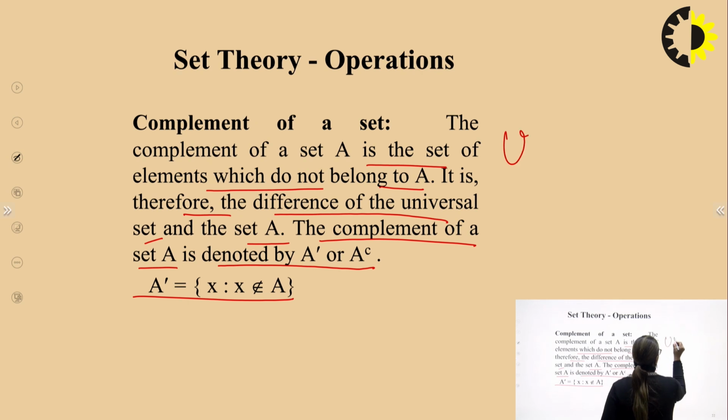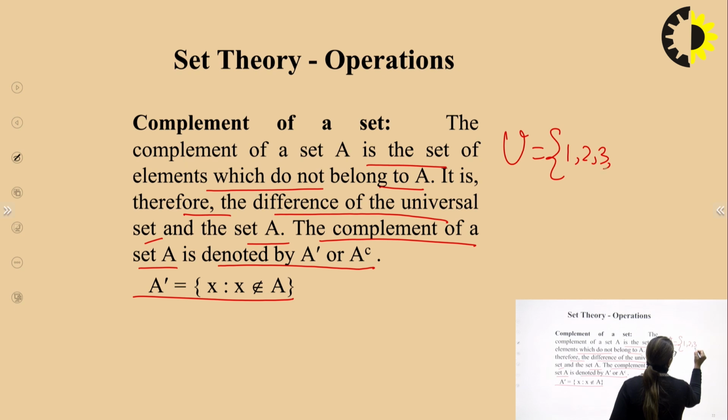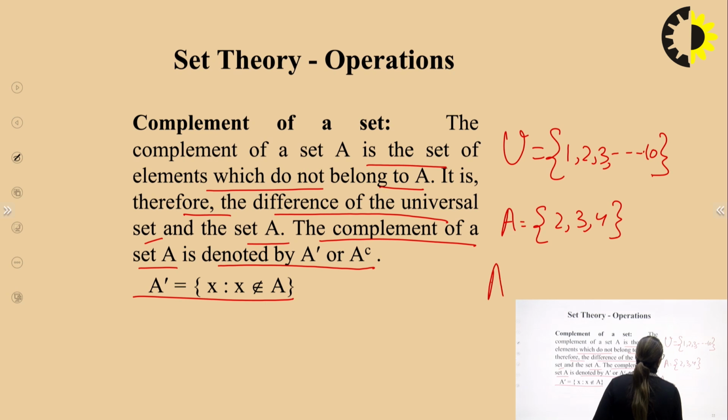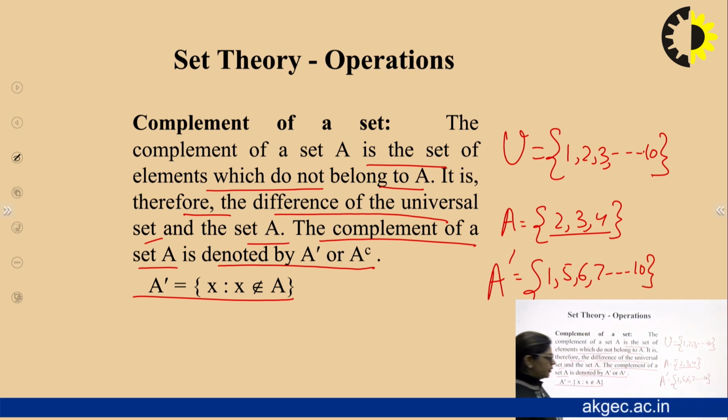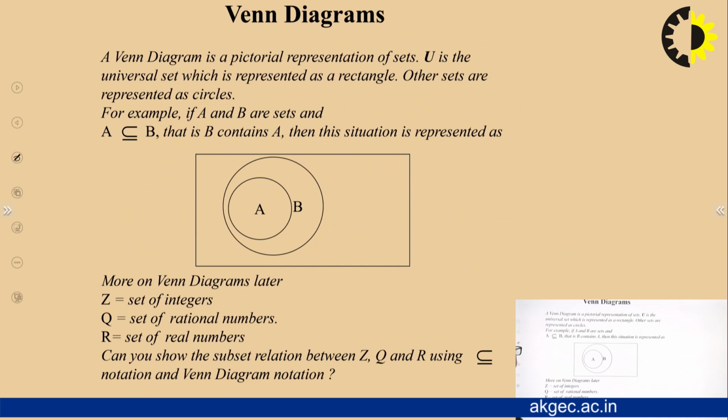If the universal set is 1, 2, 3 up to 10 and A is equal to {2, 3, 4}, then A complement will be all the elements of the universal set which are not in A, means 1, 5, 6, 7 up to 10, right? This is the meaning of this complement.